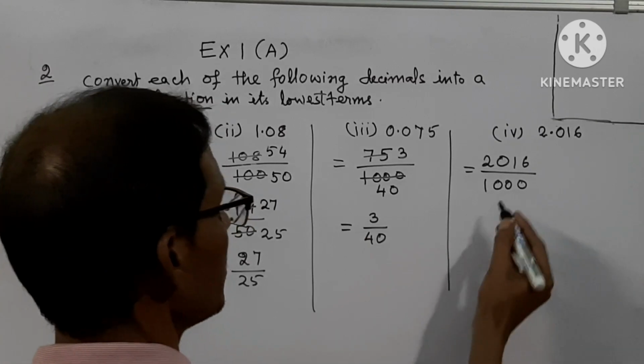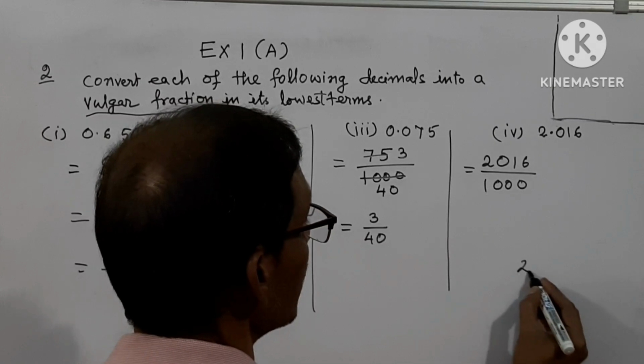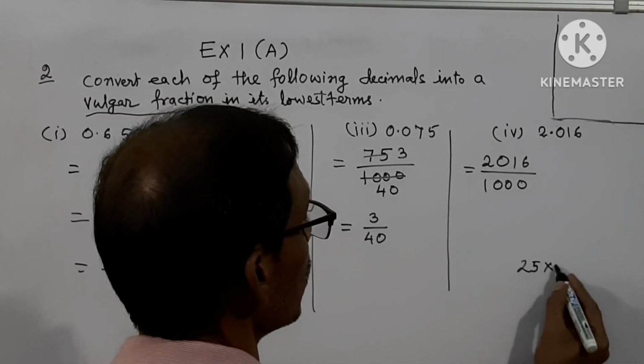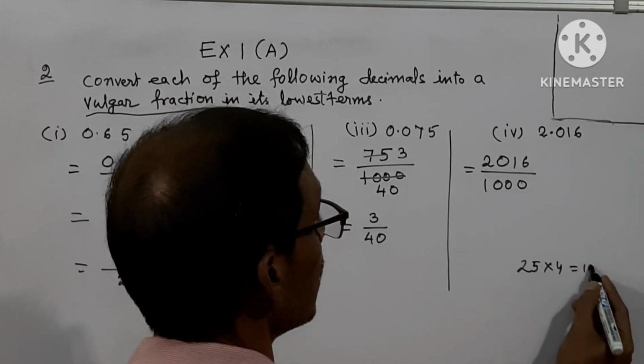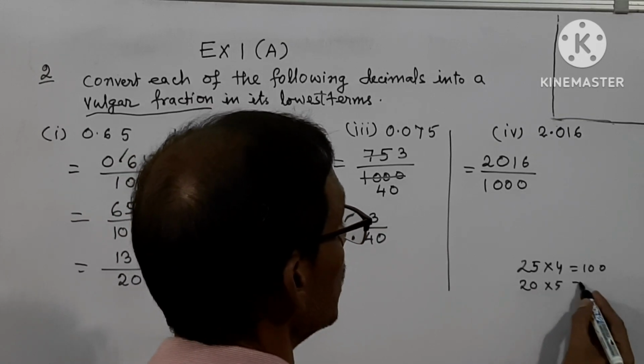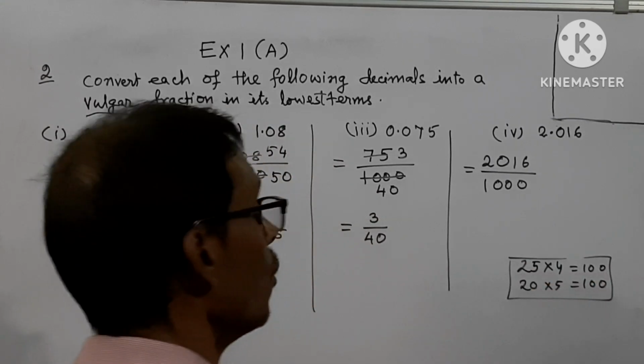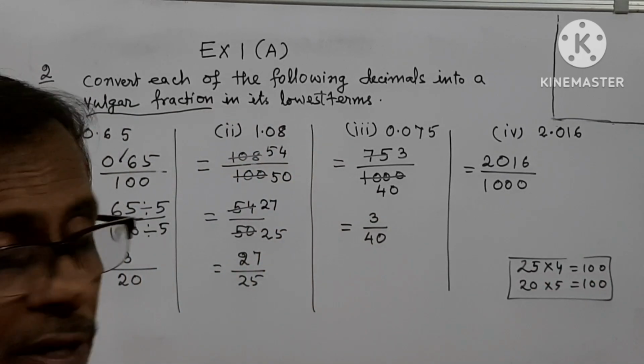And 100 is always, you have to remember, 25 into 4 equal to 100 and 20 into 5 equal to 100. These shortcuts will save your time in dividing.